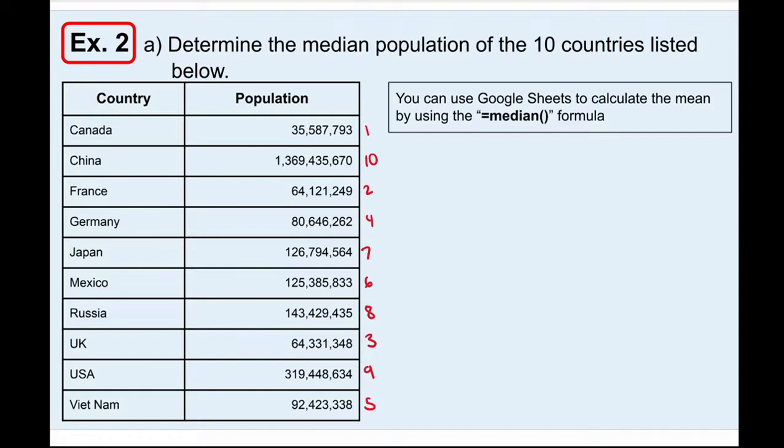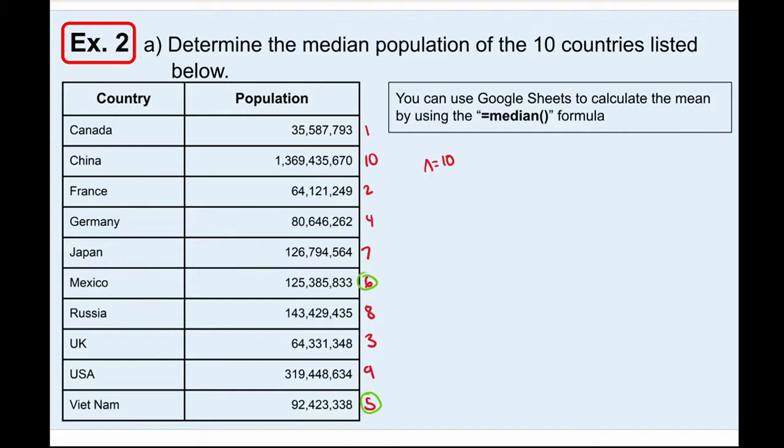So by ordering them, I'm going to find the middle value. Because it's an even number, because my n equals 10, that means I'm going to have to find the mean or the average of our two middle numbers. And if I count to the middle, my two middle numbers in this case will be 5 and 6. So I need to take the average of those two numbers.